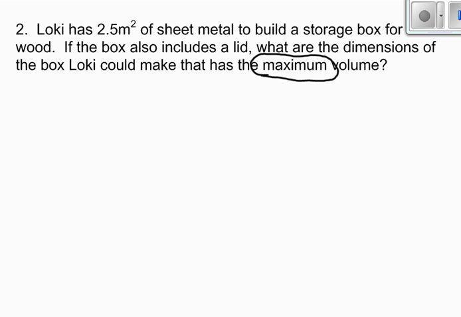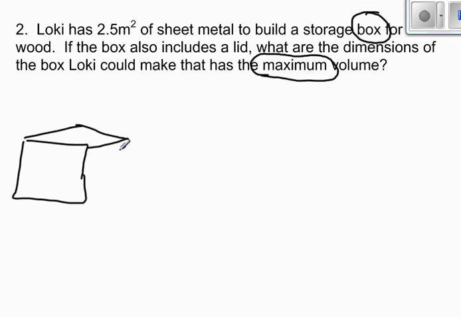That means that we're obviously trying to make something optimized, and we're optimizing a box. So you already know that we want to make a cube. So an optimized box is a cube. Now in this question, we're maximizing volume, and that must mean that this is the surface area.